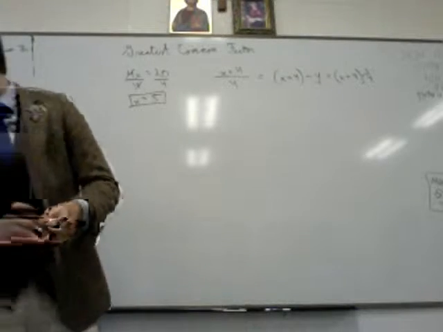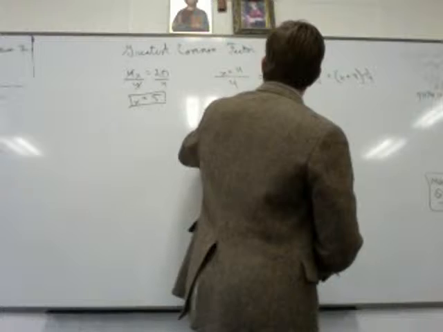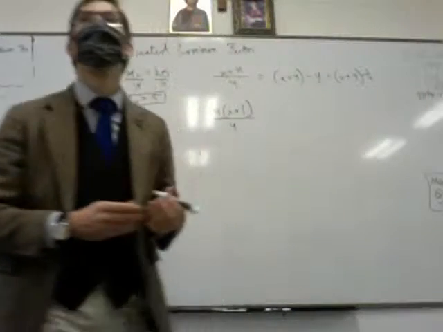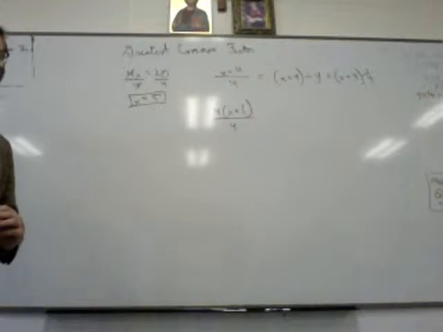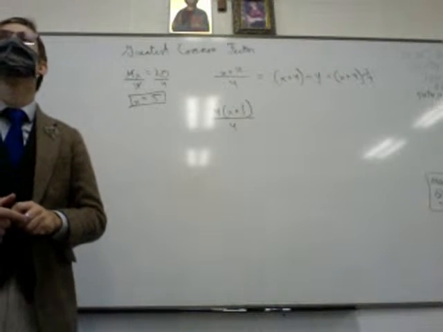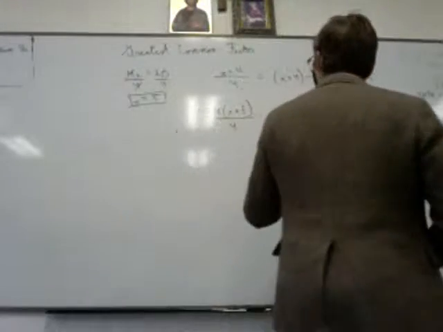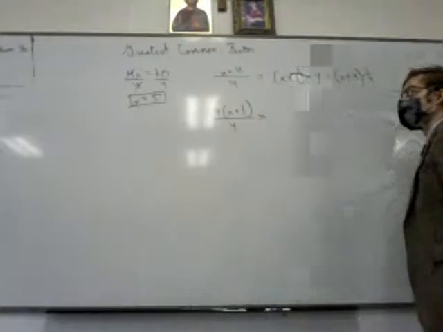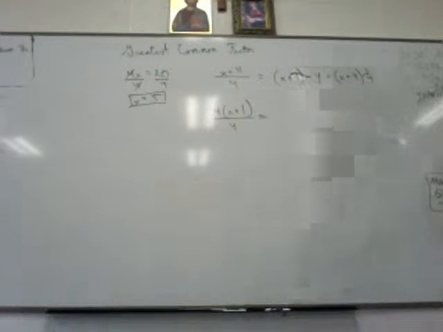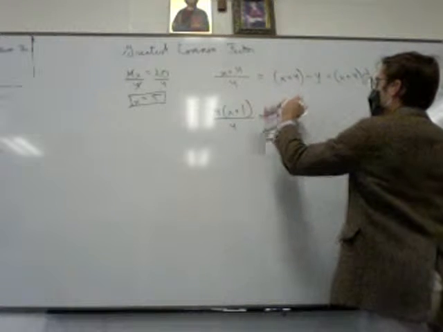What if we've got this? Can we simplify 4 parenthesis x plus 1, close parenthesis, over 4? What can we simplify this to? 4x plus 4 over 4?